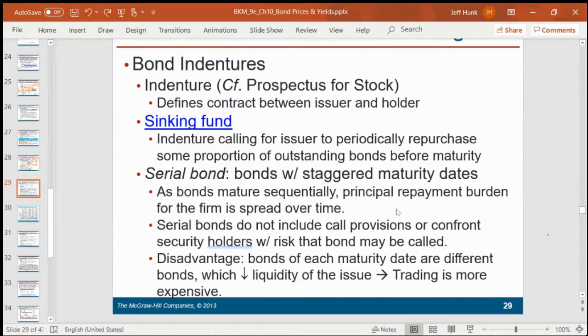They sell $10 billion worth of bonds over, let's say, 10 years, and every year they retire 1/10, so $1 billion, and it goes by the serial numbers.